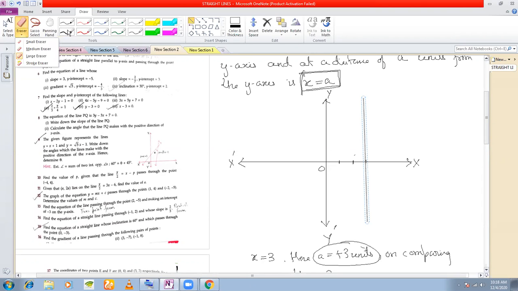This point is (3, 0), this distance is plus 3 units, and the straight line has the equation x is equal to 3.